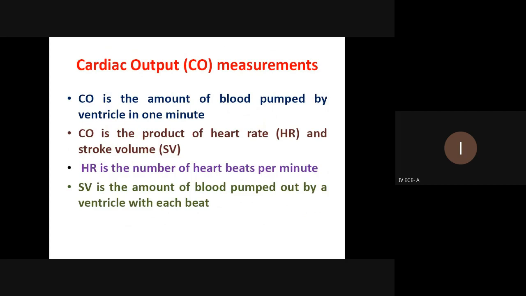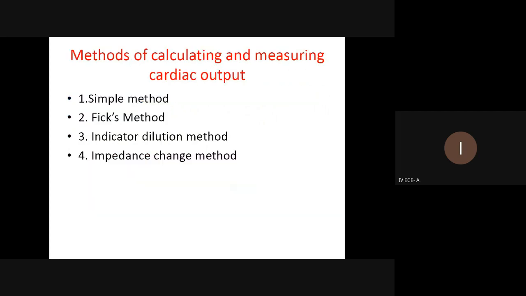So cardiac output is the amount of blood pumped by the ventricle in 1 minute. What are the methods of cardiac output determination? Simple method, Fick method, indicator dilution method, impedance change method. These are the four methods.